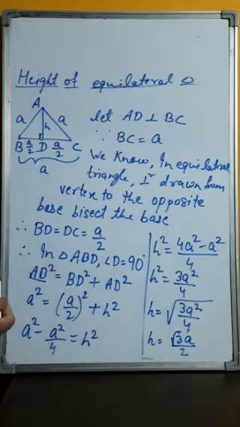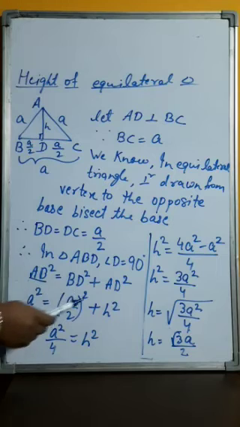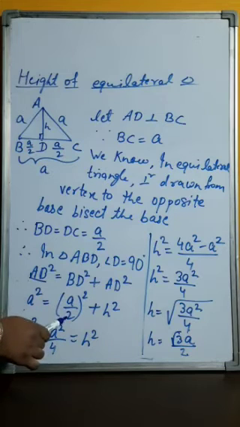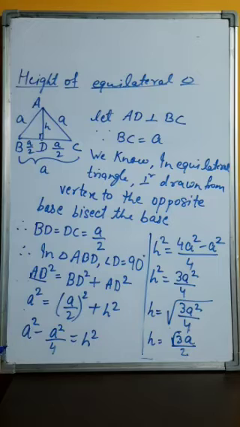Now let us substitute the values. AB square is a square, BD square is a by 2 whole square, AD square is h square. Here a square has no change, and a by 2 whole square is a square by 4, which we can bring to this side. So it will become a square minus a square by 4 is equal to h square.